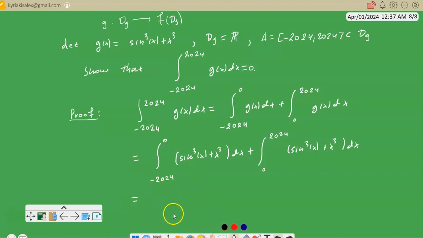I stop right here, and I consider this integral here. Let's call it I.